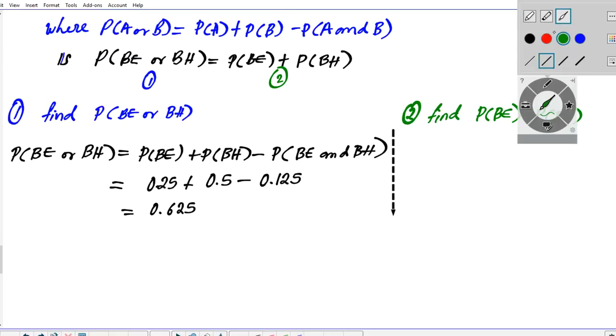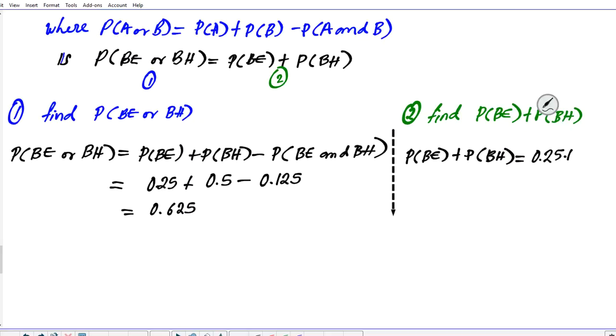Okay, so let's do it. Probability of blue eyes is 0.25, and then add the probability of blonde hair, 0.5, and your answer is 0.75.